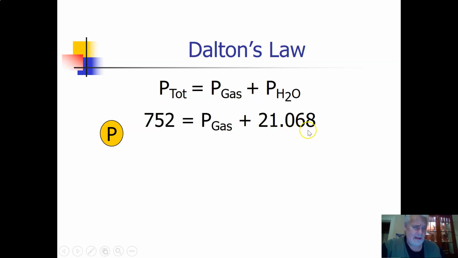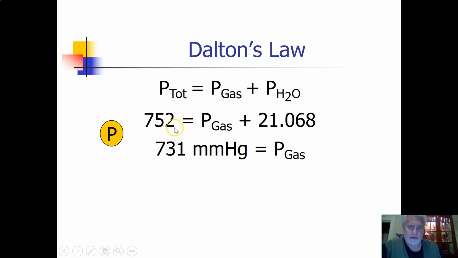So saying that you could go 3 places to the right would be kind of ridiculous with something like that. So you're basically talking about 752 minus 21, which is 731 millimeters of mercury. That's 0 places to the right, and so is that one. Now that's the real pressure of the unknown gas.